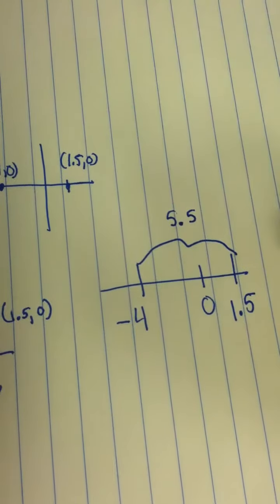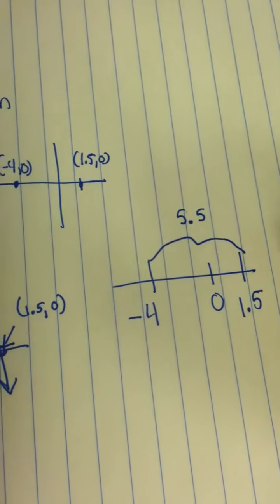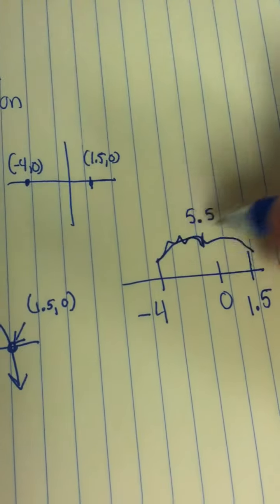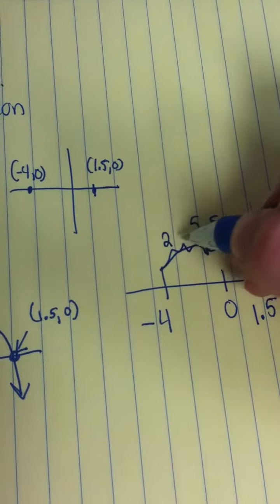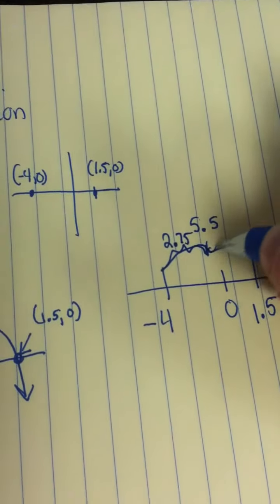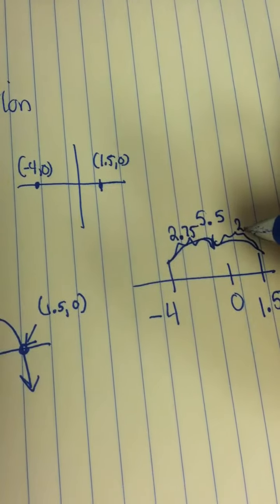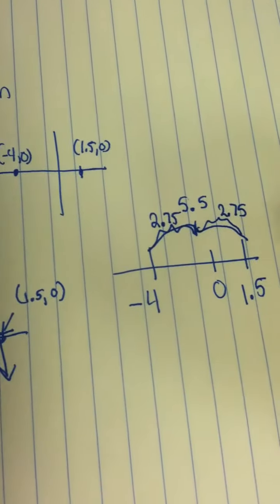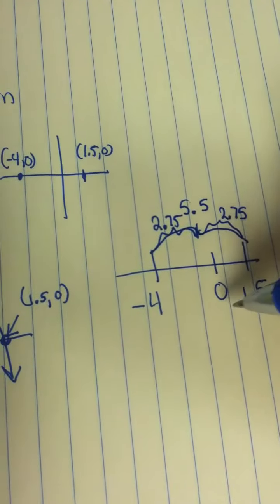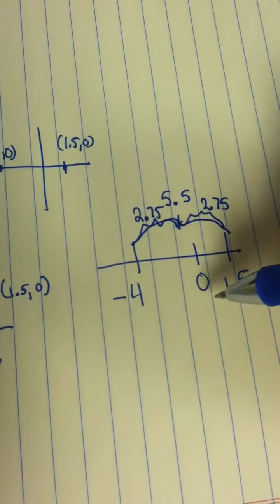So how far is it from an endpoint if we want to go halfway? Well, halfway, this distance should be 2.75, and this distance will also be 2.75. So if we think about it, what is 2.75 spots in front of negative 4?